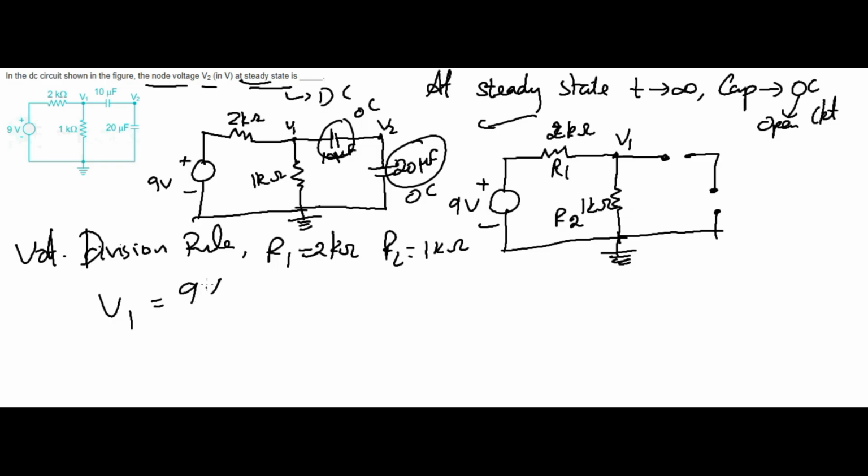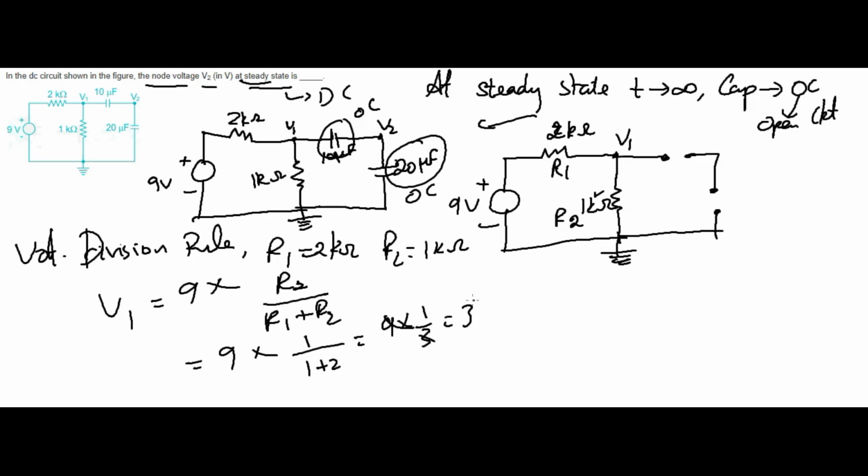So V1 = 9 into R2 divided by R1 plus R2, that is 9 into 1 divided by 1 plus 2, which is 9 into 1 divided by 3. That is equal to 3 volt. So V1 is equal to 3 volt.